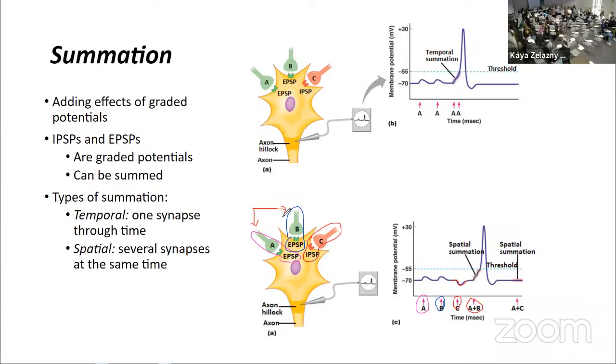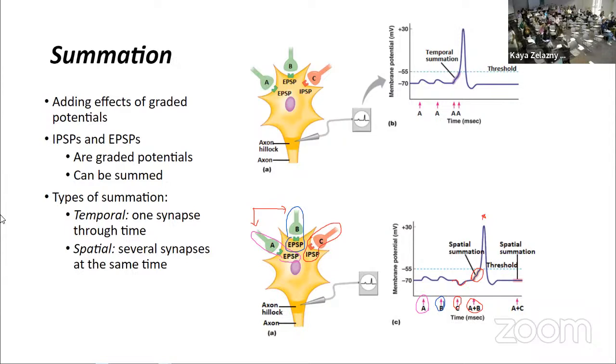Okay. So if A and B fire at the same time, we'd stack these two graded potentials on top of each other. So these little mini depolarizations in this example are getting us to threshold. And so we're firing off an action potential. That's what we see happening there.